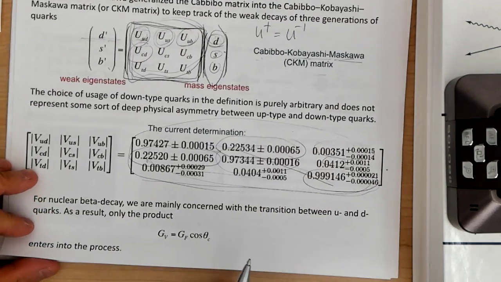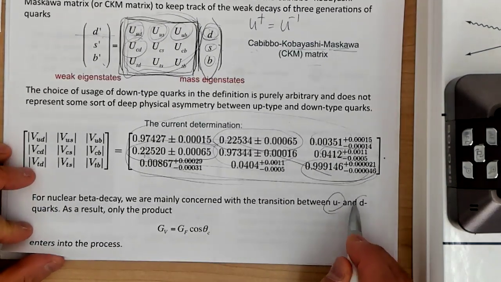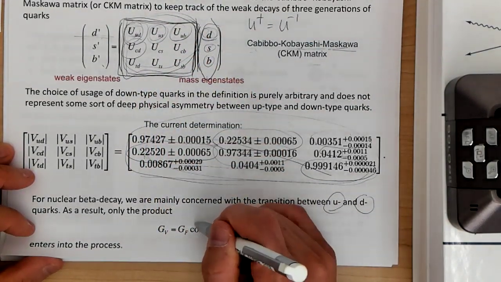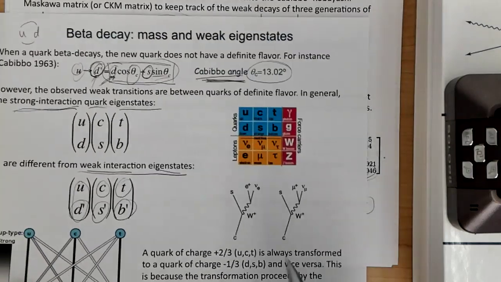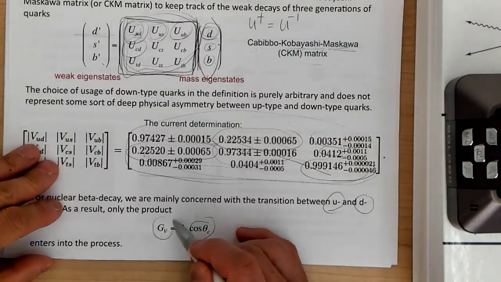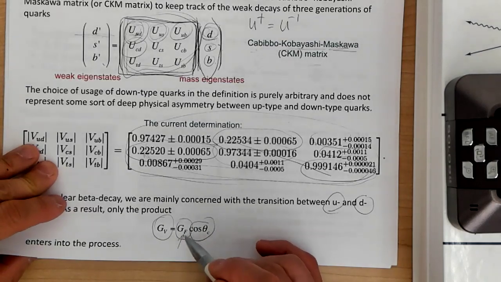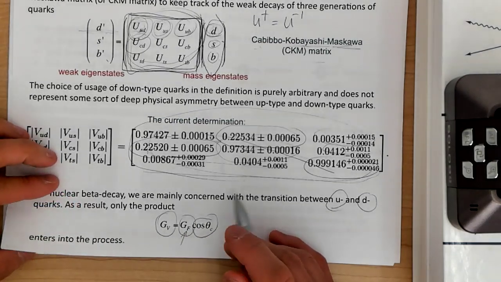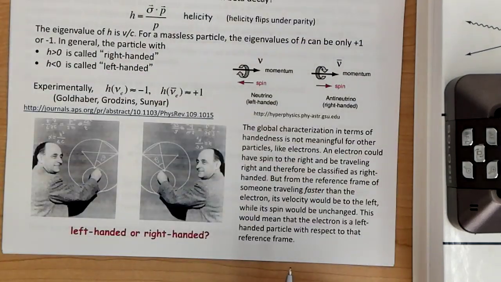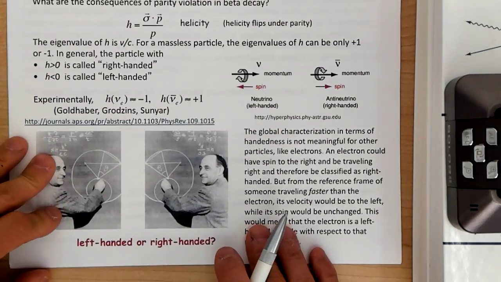Now let's talk specifically about the transition between an up quark and a down quark, the U-U-D term. So that will involve the Cabibbo angle that we talked about. And so there's this coupling that involves the Fermi constant for the four-Fermi interaction, as well as this Cabibbo angle. We'll come back to that later.